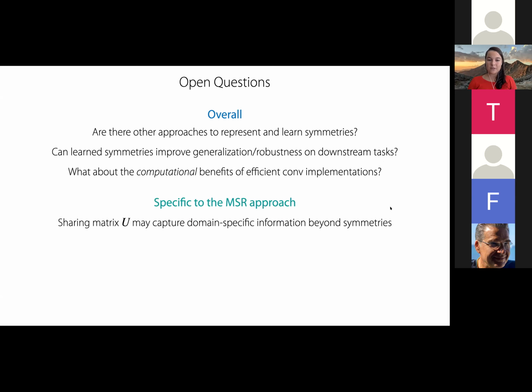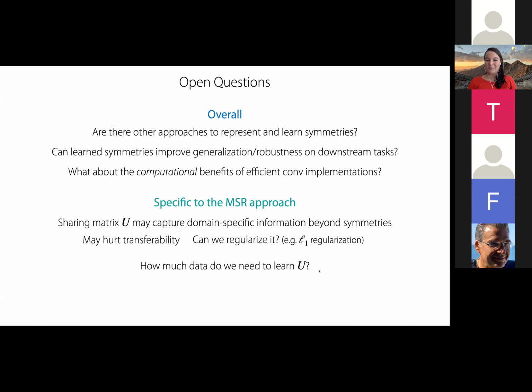First, the sharing matrix that we learn may capture domain-specific information beyond the symmetries, and this may hurt transferability. So can we figure out how to regularize this sharing matrix to encourage it to only recover symmetries and not other domain-specific information? Second, how much data do we need to learn U, especially when U might be quite large? And are there more memory-efficient or computationally efficient ways to represent this matrix?